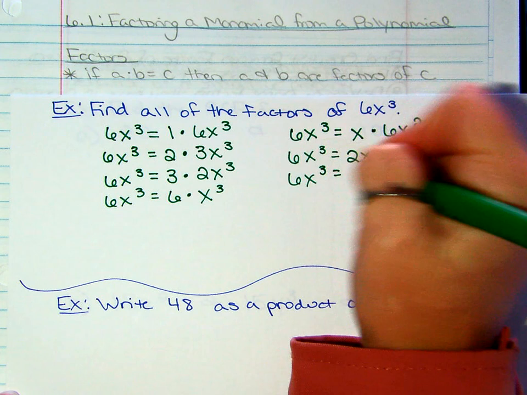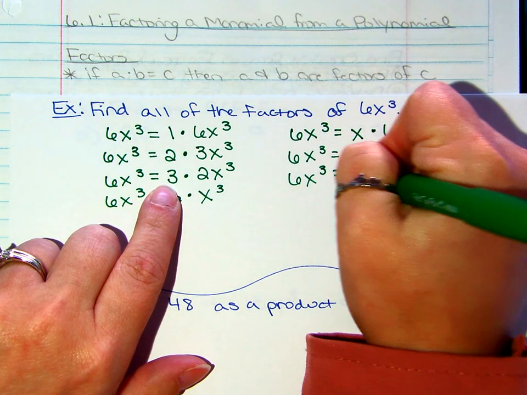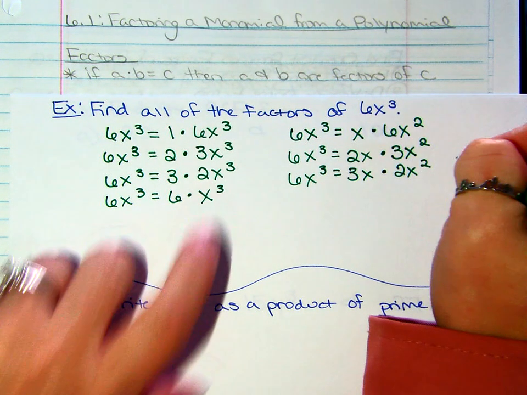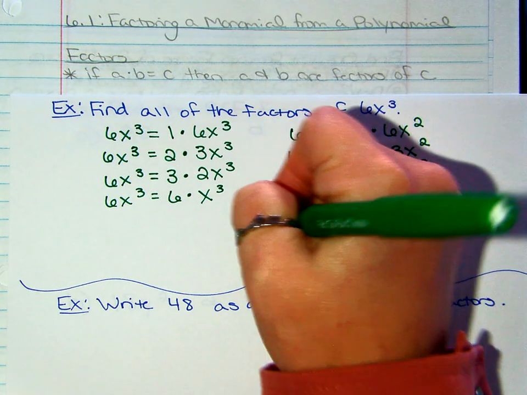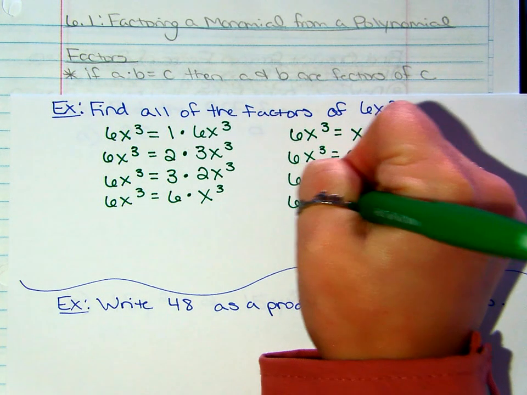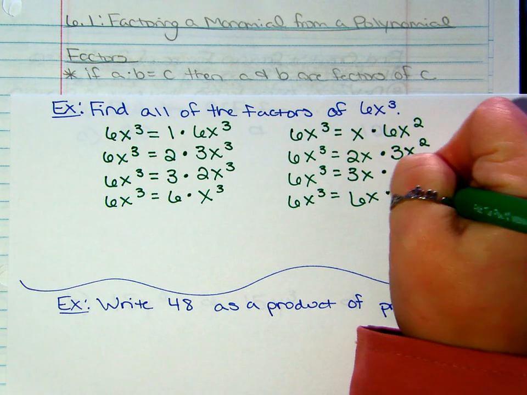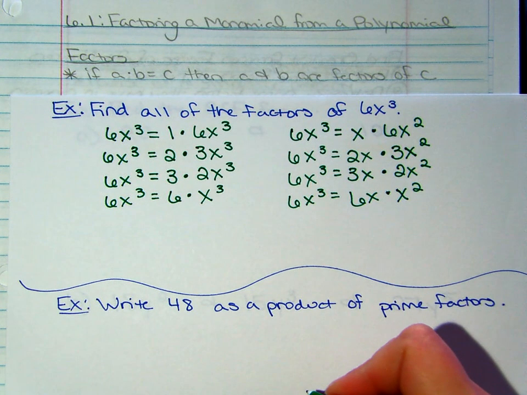6x to the third. Again, I'm going to keep going in the same pattern. If I take a 3x out, that'll leave me with a 2x squared. And then if I pull a 6x out, that'll just leave me with an x squared. So theoretically, if I went and tried to do this again by pulling out x squareds, look what would happen.